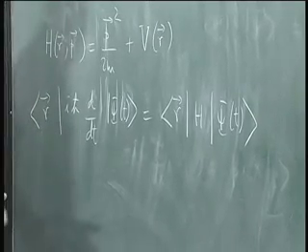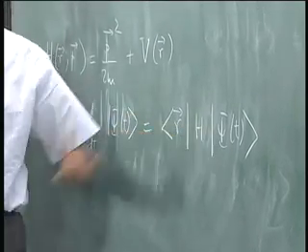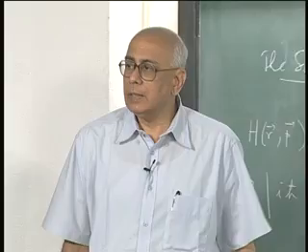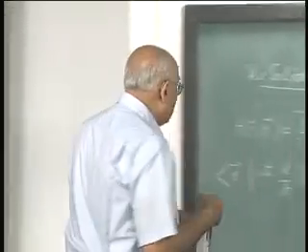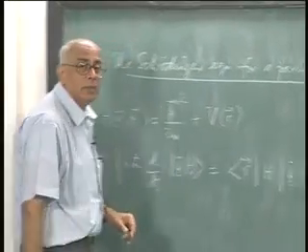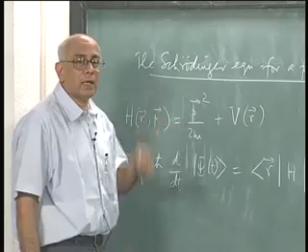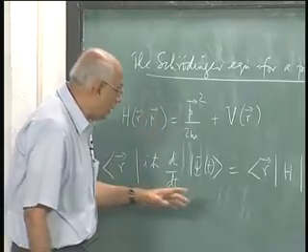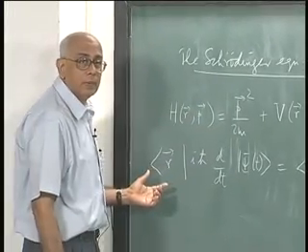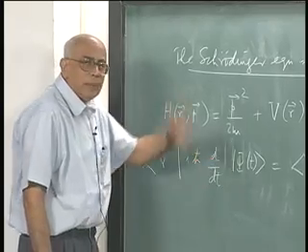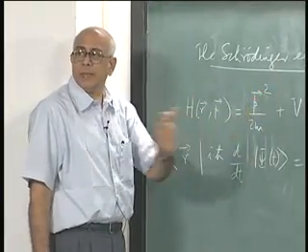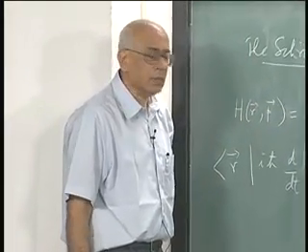I want you to note particularly that this psi of t, this abstract state vector, is not burdened by labels like r, p and so on. That is just the state of the system, a vector in some Hilbert space. The variables that describe the physical system are in this case r and p, and you talk about eigenstates of those variables. But this is some abstract state, it does not have any labels except that it changes with time.